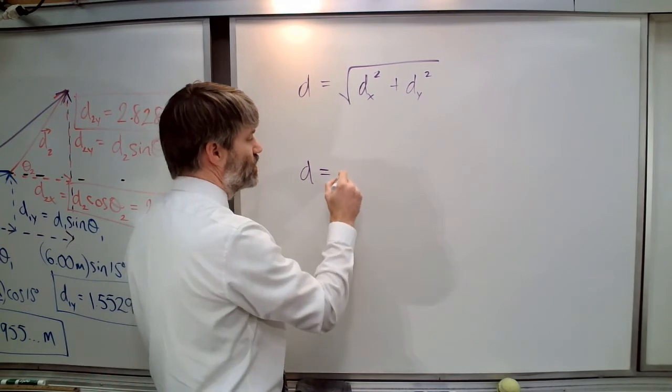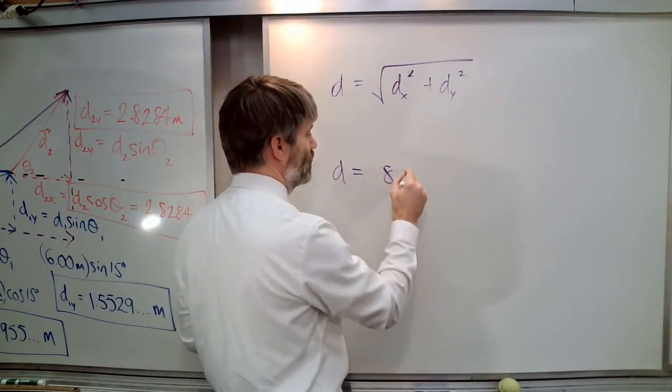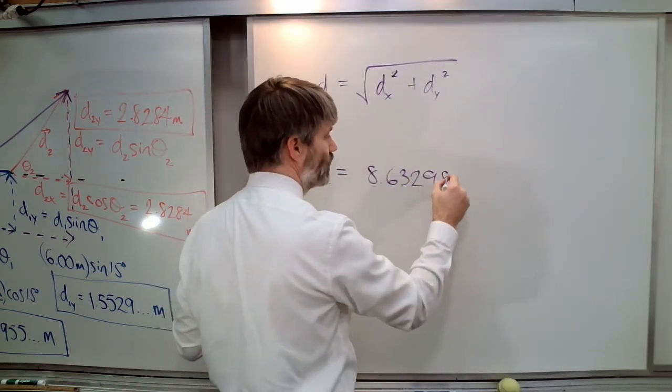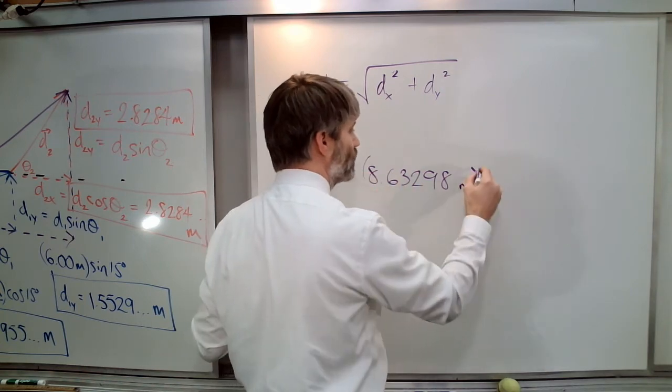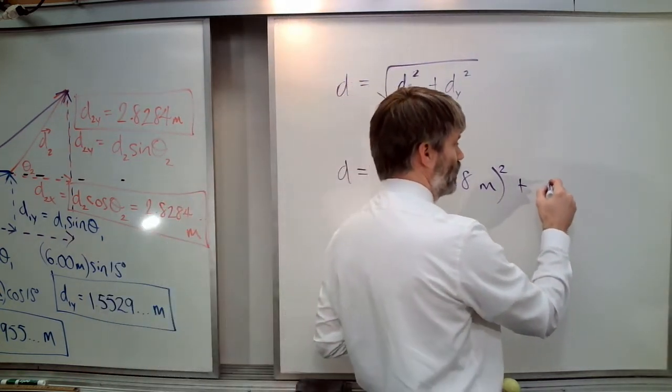So D is the square root of 8.63298 meters squared plus 4.83813 meters squared.